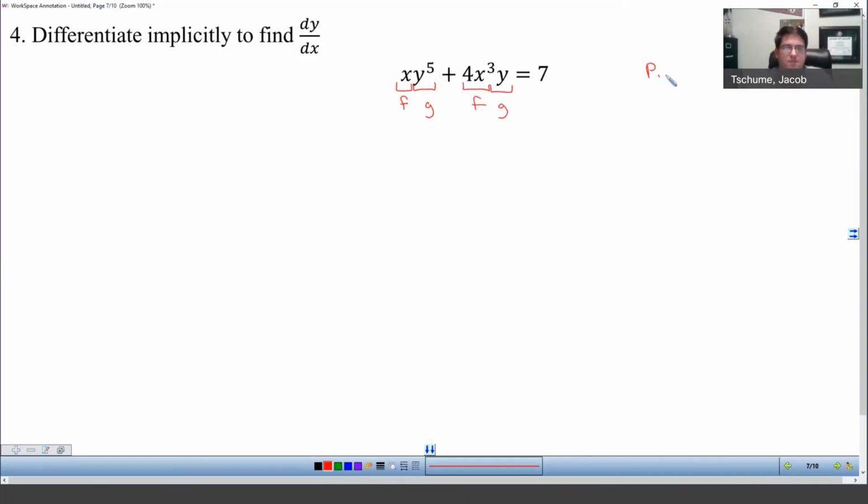So once again, remember, the product rule is equal to fg prime plus gf prime. So let's do the product rule twice, once for each pair of functions.